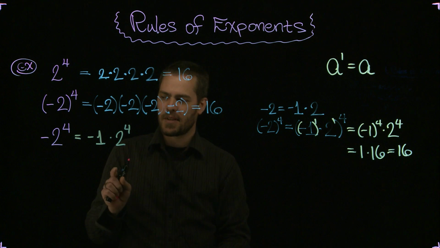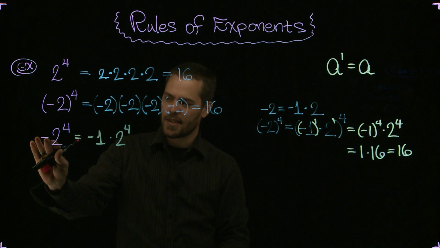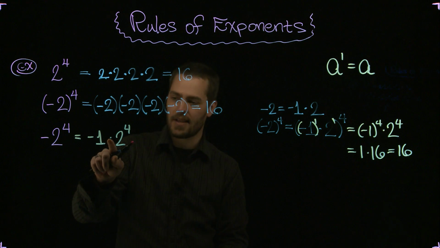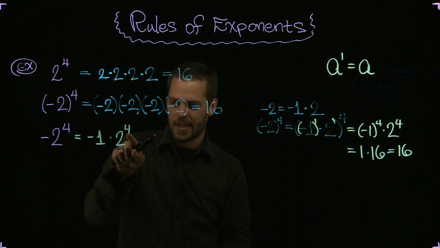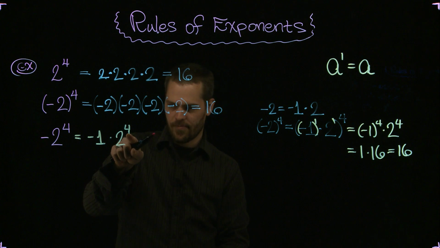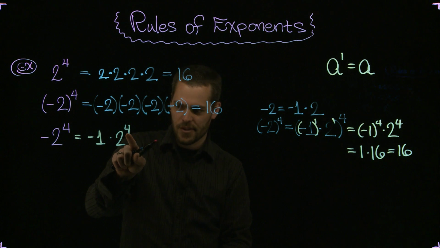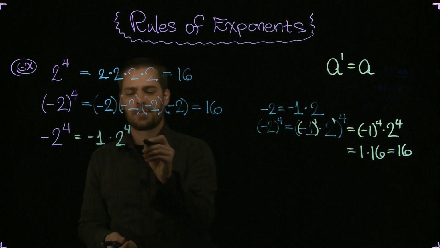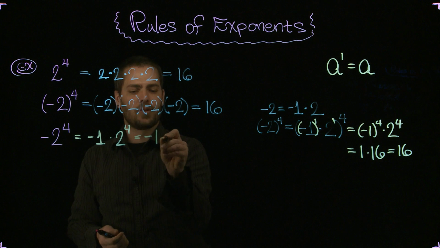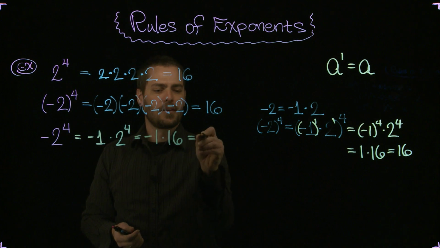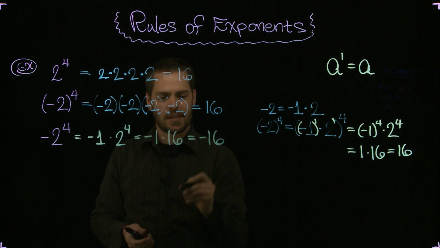But what this is telling me is that this negative actually represents a multiplication that's occurring. So we've got multiplication and we've got exponentiation. We have an exponential here. Now remember your order of operations, the exponential comes first. So I'm evaluating this. This becomes then negative 1 times 16, which is negative 16.